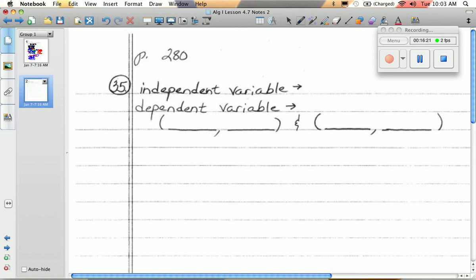Okay, so remember, we got to decide what's going to be upstairs in slope. Dependent's upstairs, so we got to say, does it make more sense to say feet per degree Fahrenheit or degree Fahrenheit per foot? What do you think? Which one makes more sense to you for this situation?